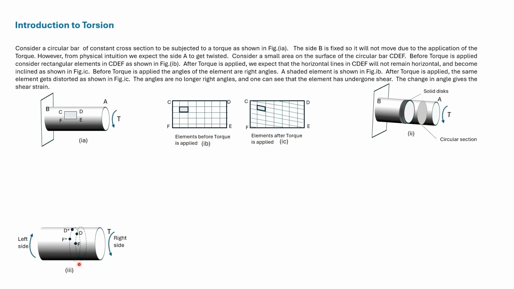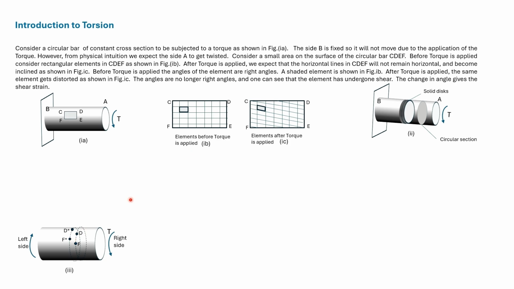A circular section and 2 points in the circular section, D and F. Let us assume that after application of the torque T, the 2 points D and F move to the points D dash and F dash.